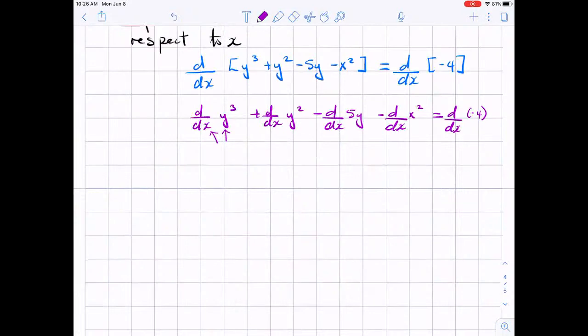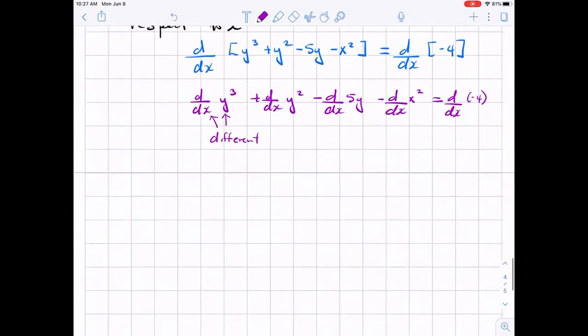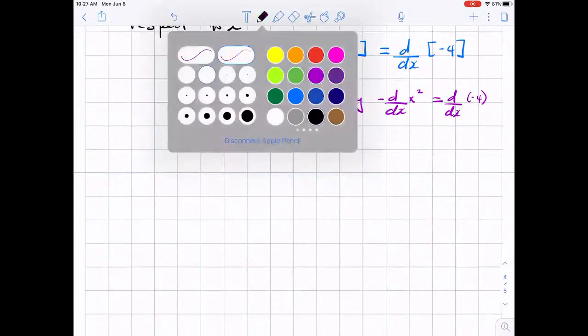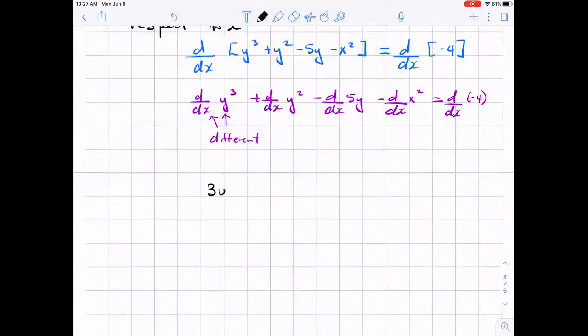So let's differentiate. Notice the variables here are different, okay? So we have to use the chain rule. So if we differentiate that, we have 3y squared. Because the variables are different, we end up with dy/dx. Notice here the variables are also different. So we have plus, we're going to differentiate 2y, but we have to get dy/dx.